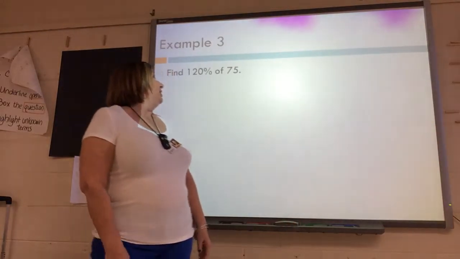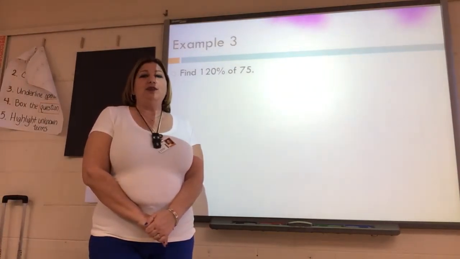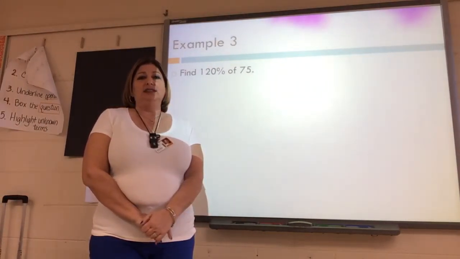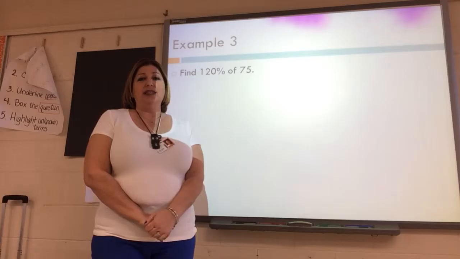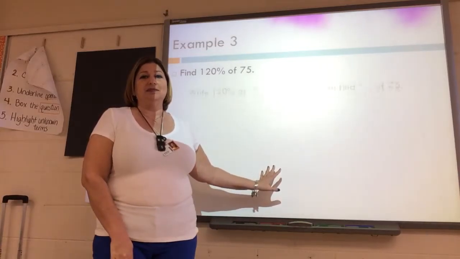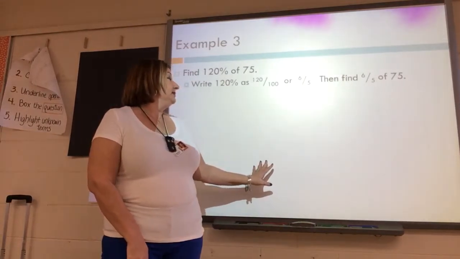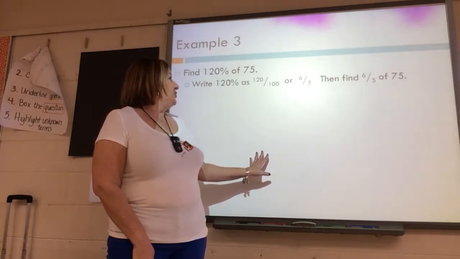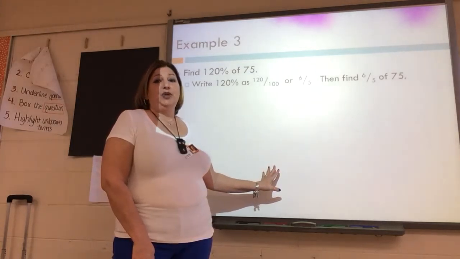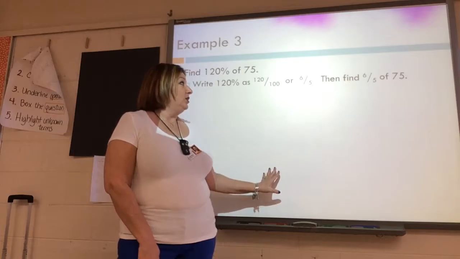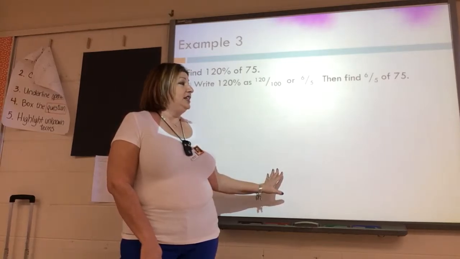Here's another example. Find 120% of 75. Press pause if you need to work this out. We write 120% as 120 over 100, or 6/5, and then you multiply.